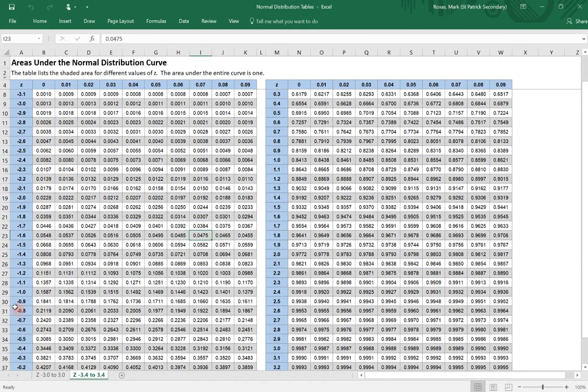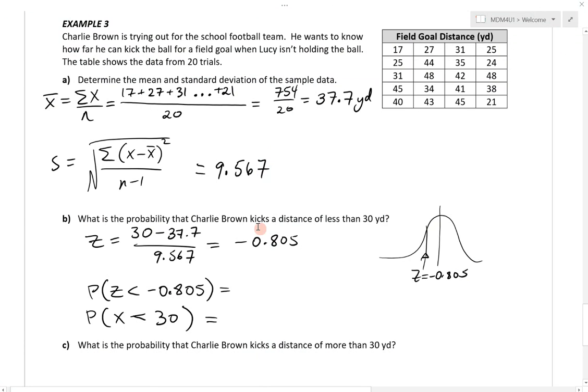It's right about here, negative 0.8, and the second decimal place is 0.005, so I'm going to round up to 0.01. So it's right this value here, 0.209. So the probability is equal to 0.209. There's about a 21% chance that Charlie Brown kicks the ball a distance of less than 30 yards.